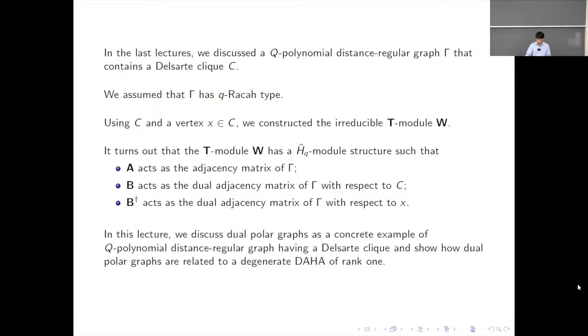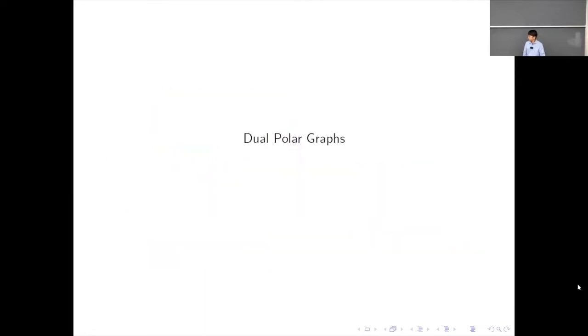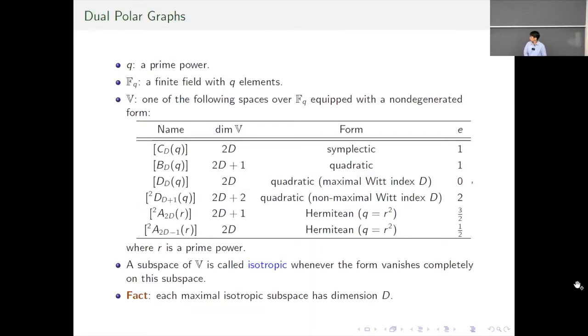All right. So first, we review some properties of dual polar graphs. q is a prime power, and F_q is a finite field with q elements. Let V denote one of the following vector spaces over F_q equipped with a non-degenerate bilinear form, as you see in the table.